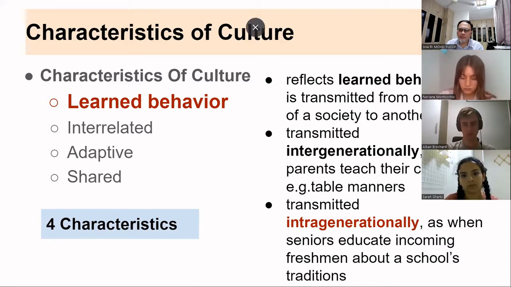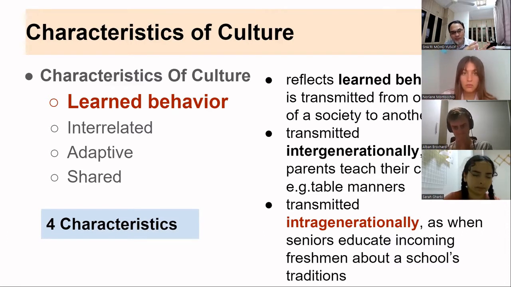For example, table manners. For example, in Muslim society, we eat by hand. I do not know whether Sarah eats by hand or not. But in Western society, you eat using fork, spoon, and knife. But in our society, intergenerationally, I also learned from my parents, so I eat by hand.